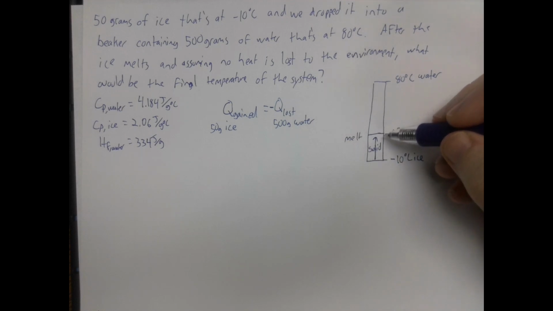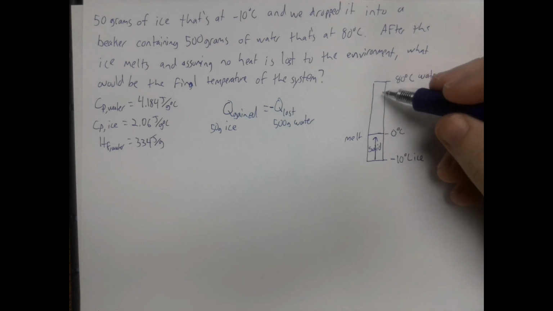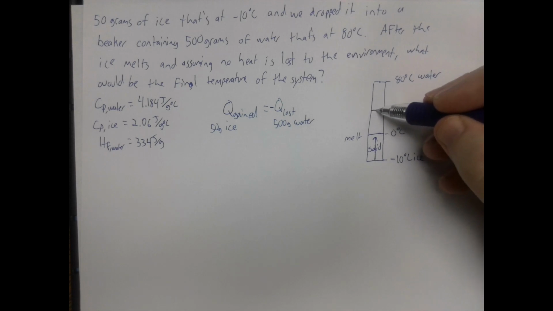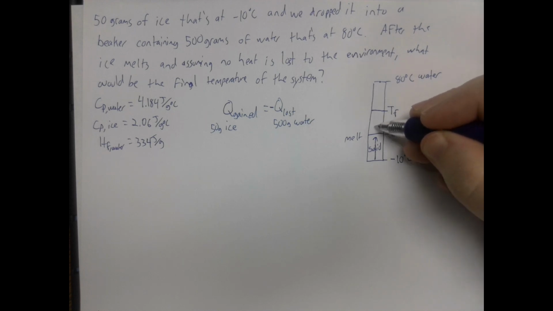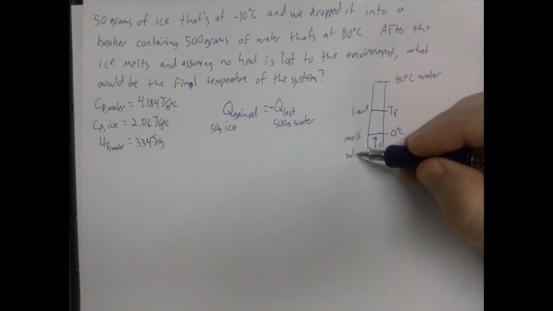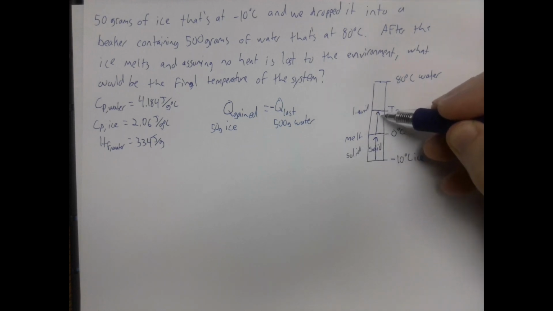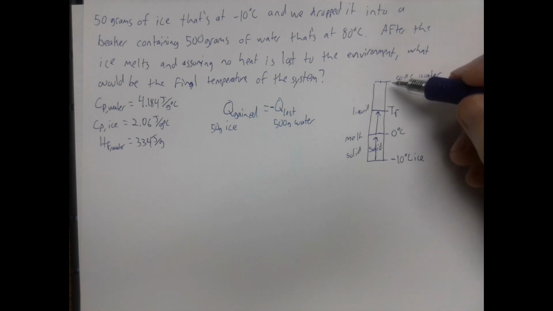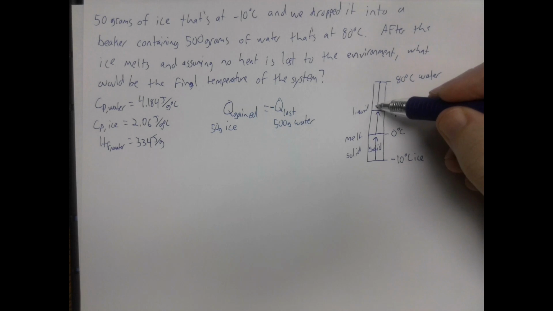And we have to make a guess. So we're going to guess that the final temperature is going to be in the liquid phase. We'll guess that the ice is going to melt and become a liquid, and that the 80 degrees Celsius water is going to lose some temperature and stay a liquid.